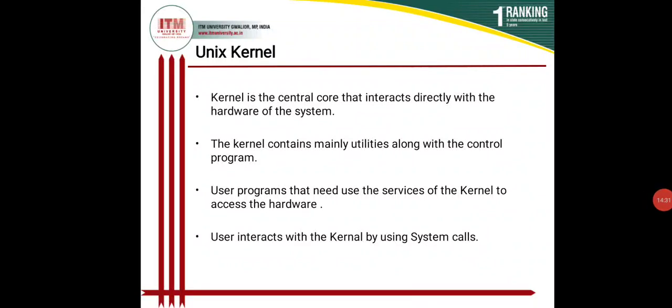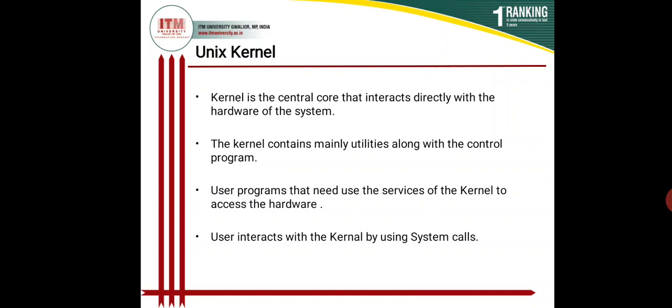If you look at the kernel, it is the central core that will directly interact with the hardware system. Sometimes the kernel is also known as the heart of the Unix operating system.